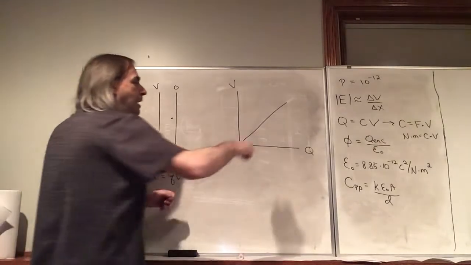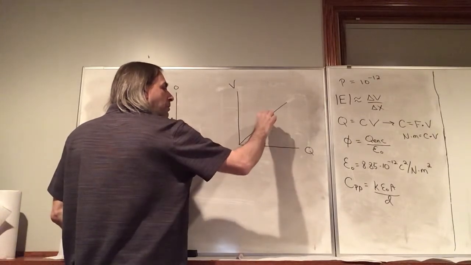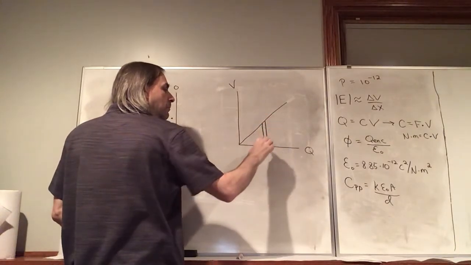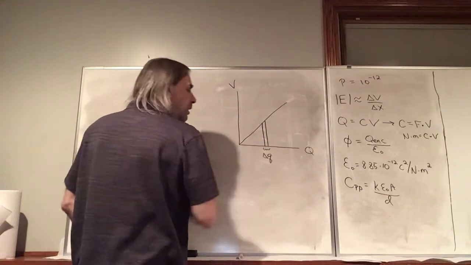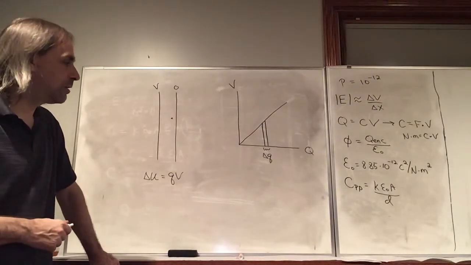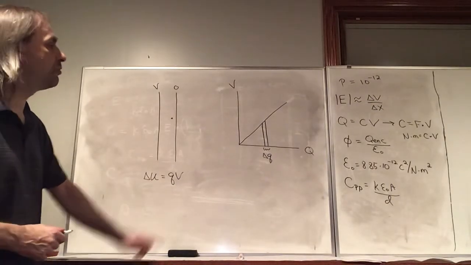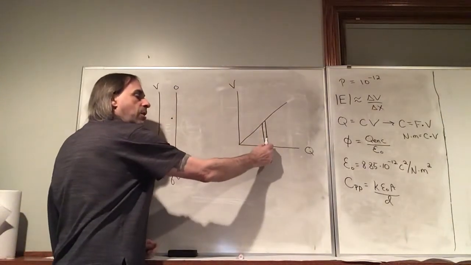So if we want to find out how much work it takes, let's just move a small amount of charge, say delta Q. The amount of work it's going to take to move that small amount of charge will depend on the voltage it's at. And that's why we have to restrict this charge to be small.